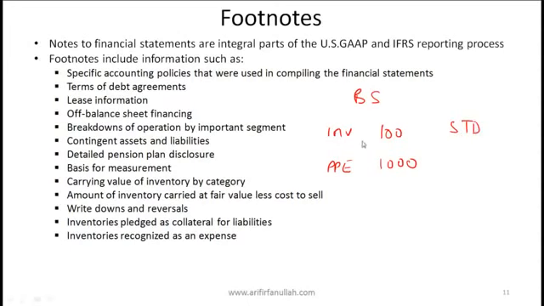But associated with each item there will be a footnote, and these footnotes provide a lot of detail on this number. So if inventory is 100, this footnote will give details on that inventory, as well as whether inventory is being measured on a first in first out basis, last in first out basis.